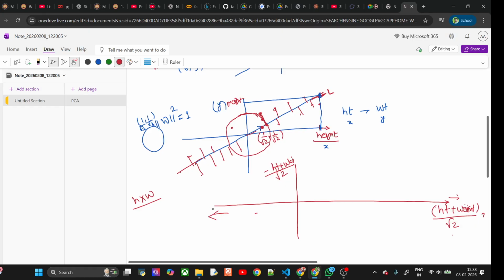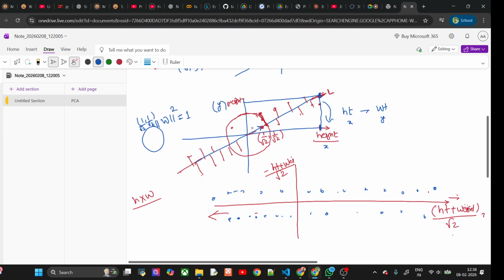If I plot the same points, this point will be something here, because all the points will move and come like this. Whatever points I am showing are on the new axis, height plus weight divided by the square root of 2.